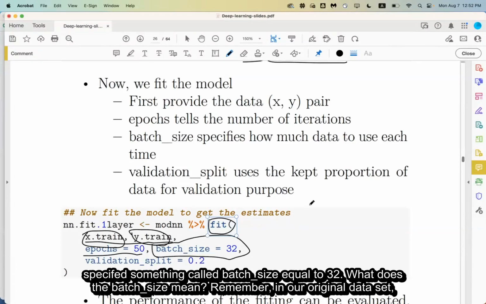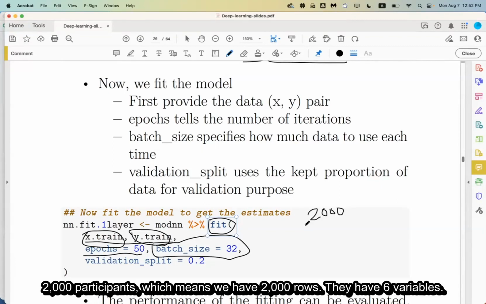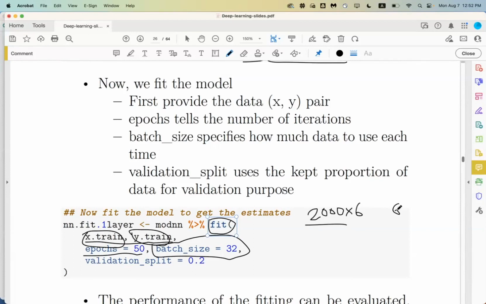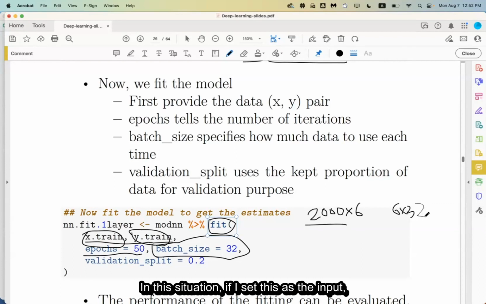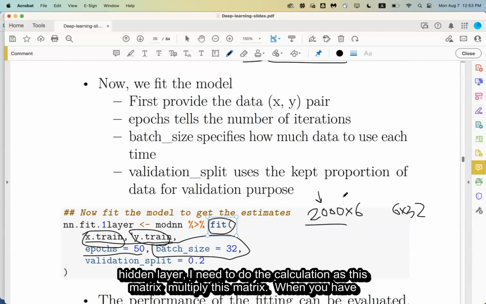What does the batch size mean? Remember, in our original data set, we have 2,000 participants, which means we have 2,000 rows. And they have 6 variables. In this situation, if I set this as input, each time it passes through the hidden layer, I need to do the calculation as this matrix multiply this matrix. Right?